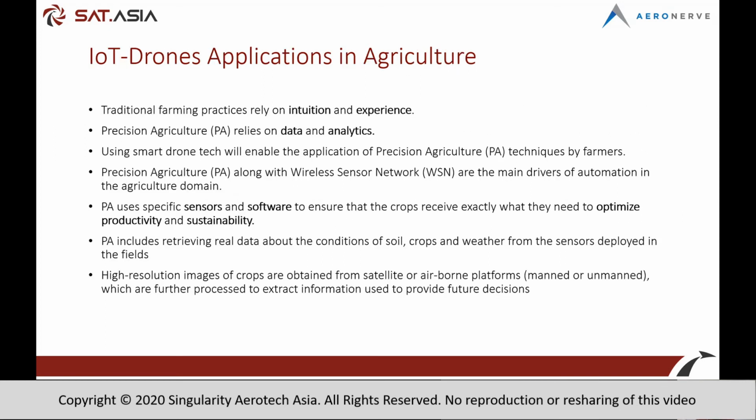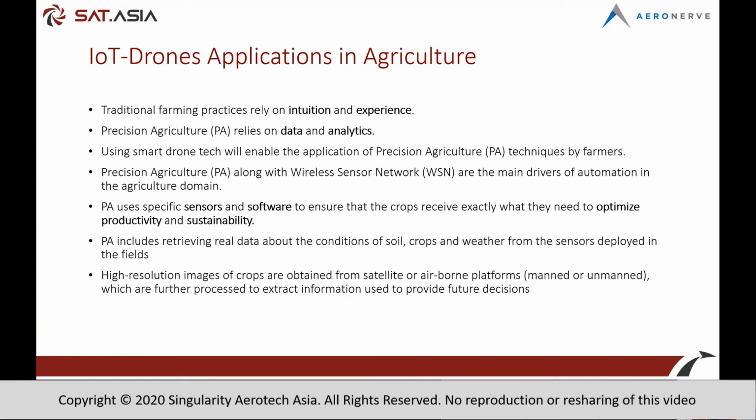So traditional farming practices basically rely mostly on intuition and experience. When we talk to farmers, whatever they do, the tasks and processes they go through every day are based on experience that their predecessors or they themselves have gone through.